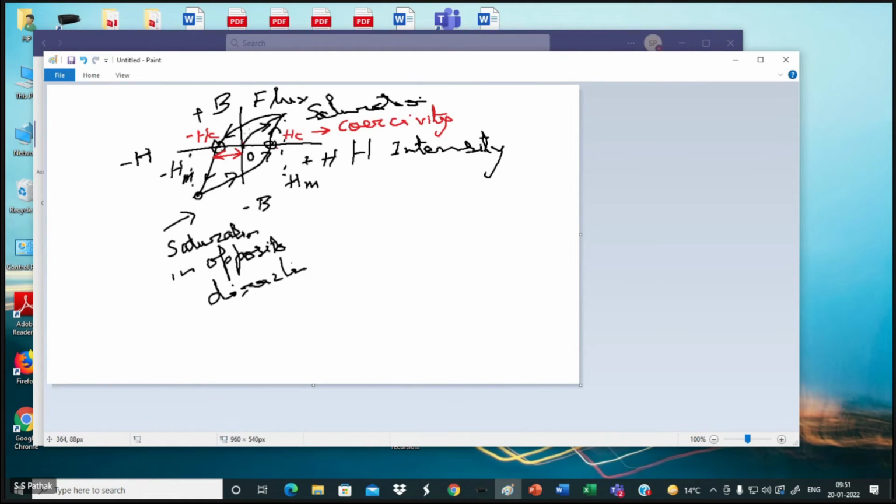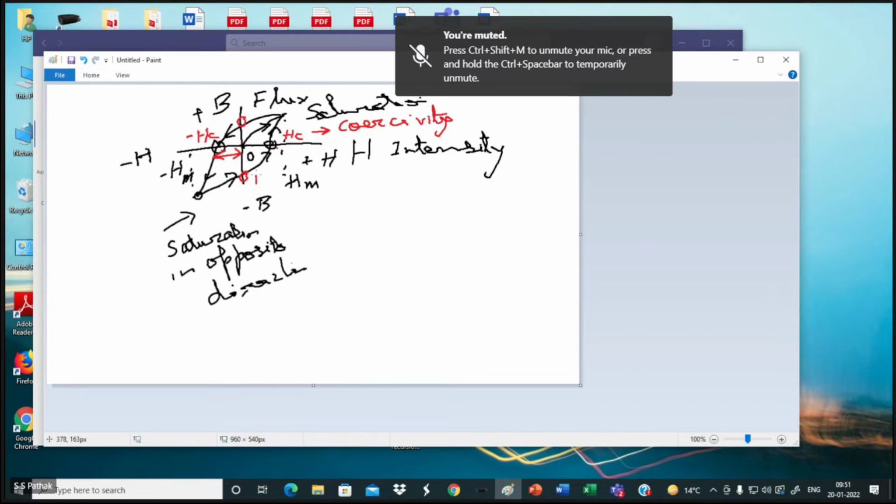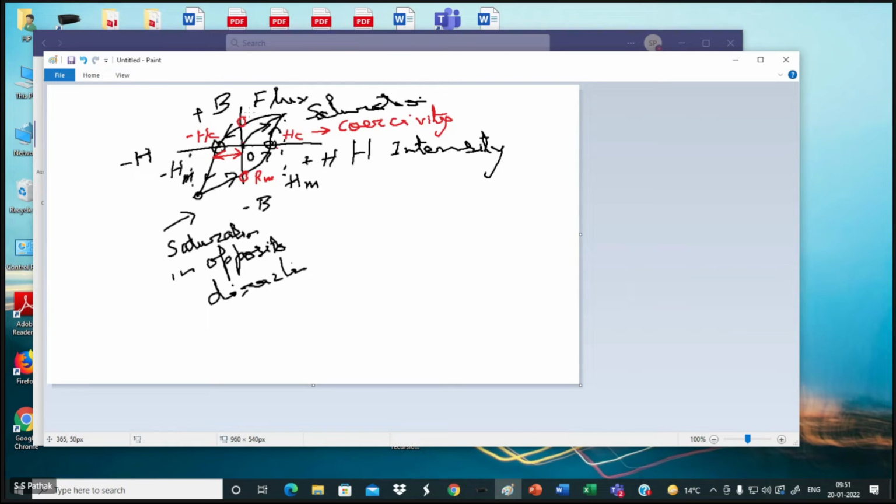And this one is your remanence. This point where H becomes 0 is Rm, so this becomes plus Rm, minus Rm, like that.